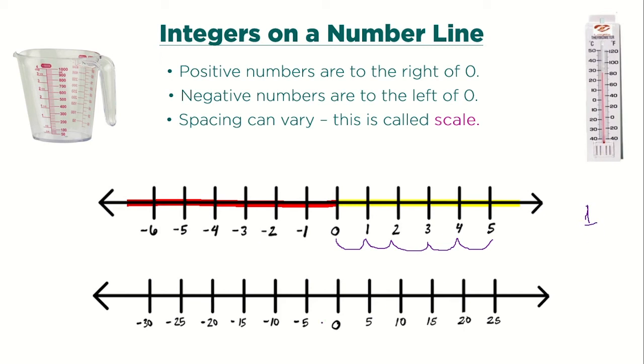While on our second number line, it's not the same as the first number line because it's 0, 5, 10, and so on. But you will notice that from 0, we just add 5 to get a 5 and add another 5 to get 10, and then 15, 20, and 25. That means that the scale is 5.